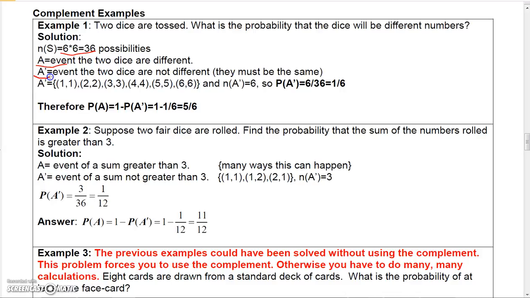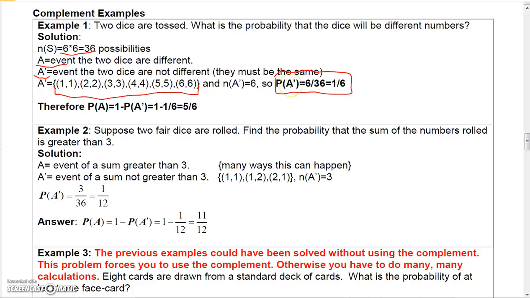In other words, they're the same. So I can actually figure that out pretty easily. Remember, there's 6 ways that the dice can be the same. So if A prime is the event that they're the same, then the probability of A prime would be 6 out of 36, which is 1/6.